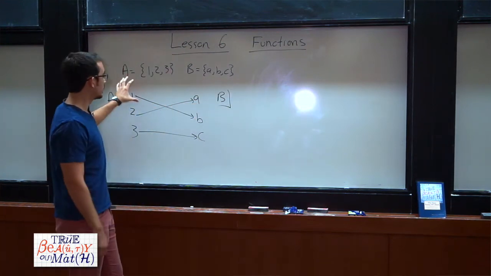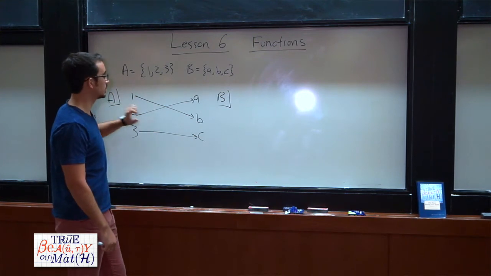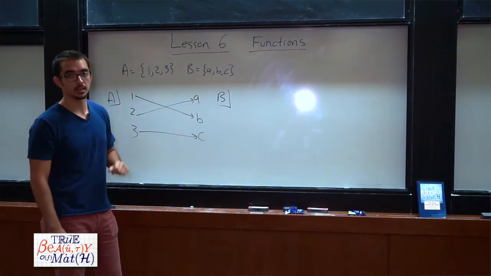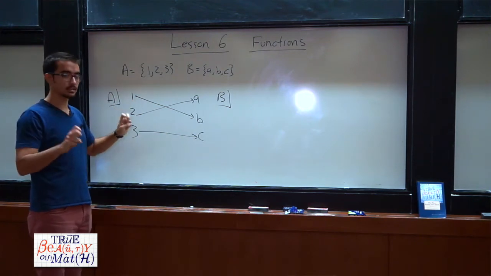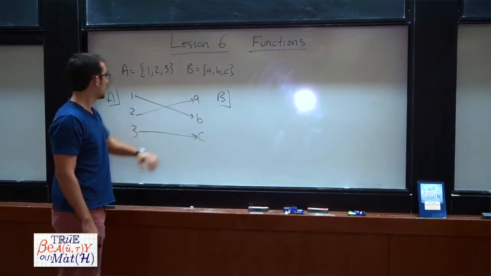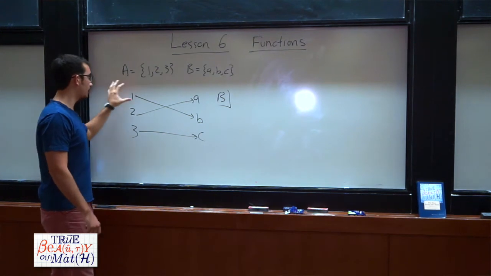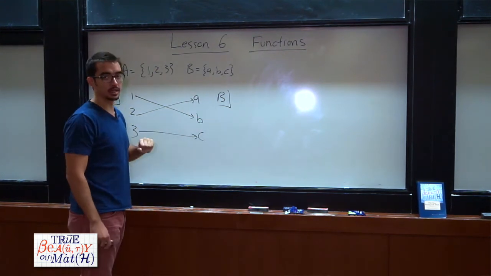Namely, associations are going from elements in A to elements in B. And what we're going to require is that every element in the from set gets sent somewhere in B, and also that every element in A gets sent to only one element in B.